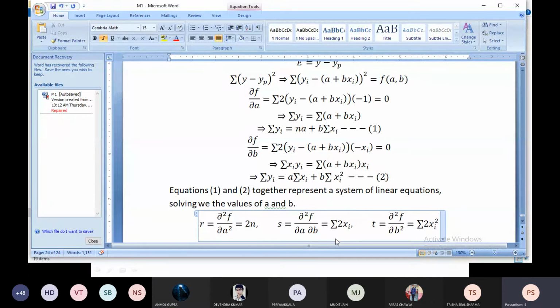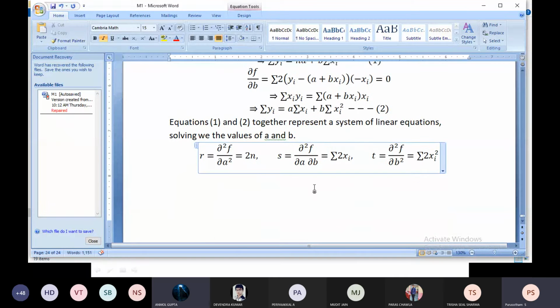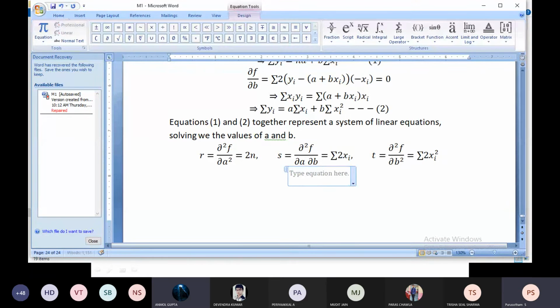Okay. Now let us have a look. What is that, RT minus S square? R is 2n.